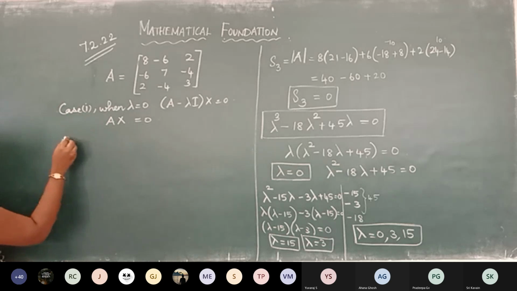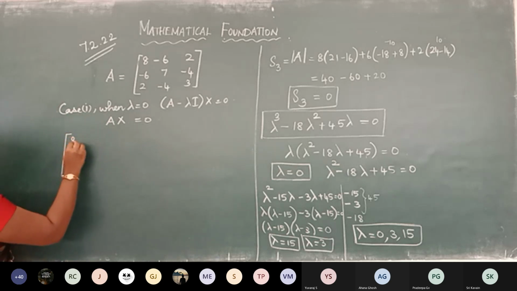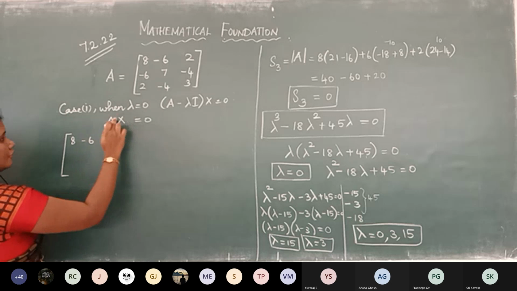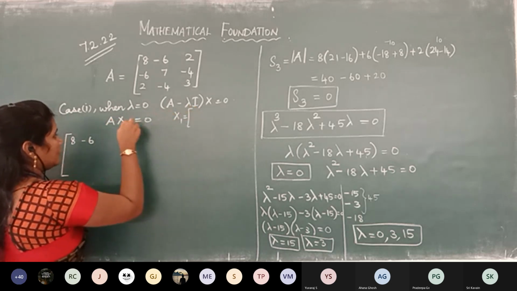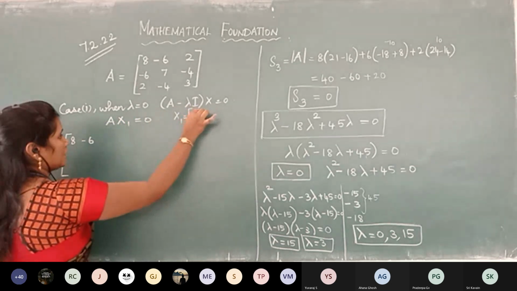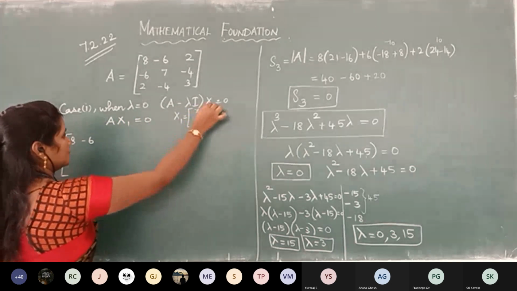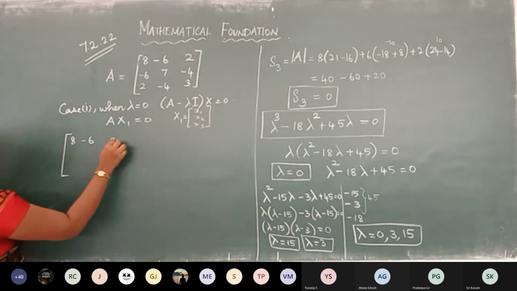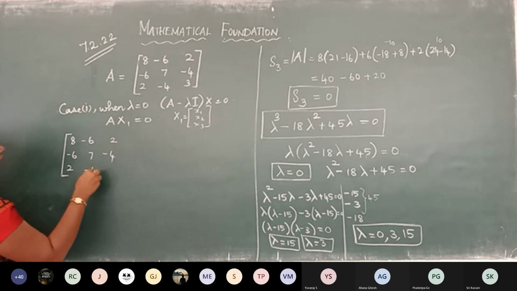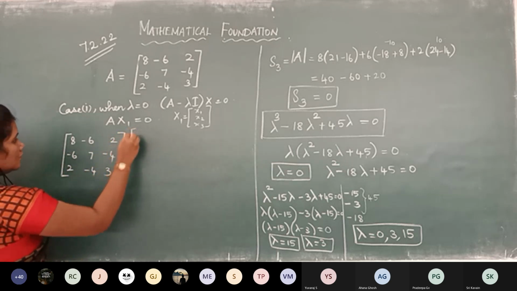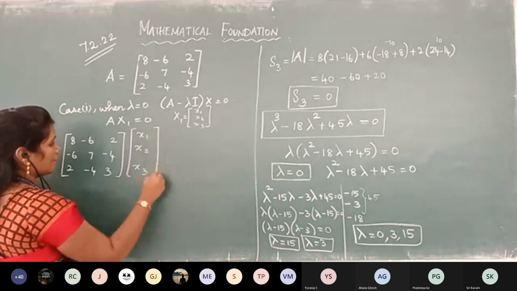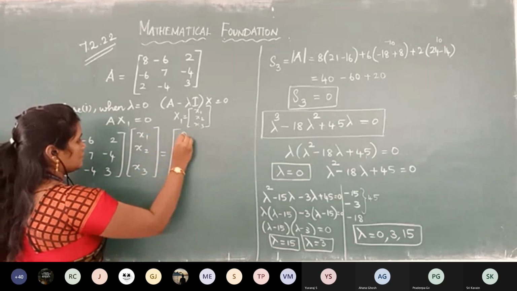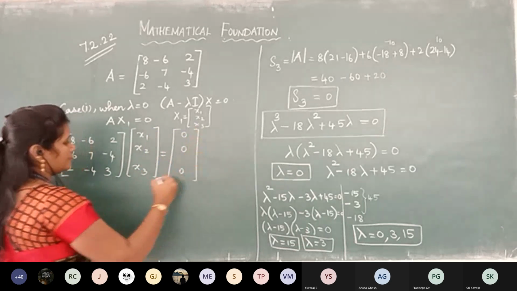So your given matrix is 8, minus 6, 2; minus 6, 7, minus 4; 2, minus 4, 3, times x1, x2, x3, equal to 0, 0, 0.